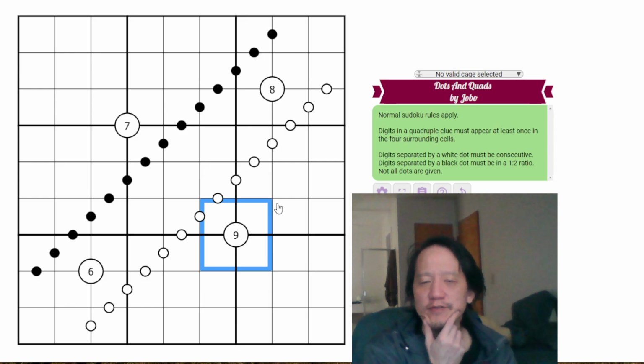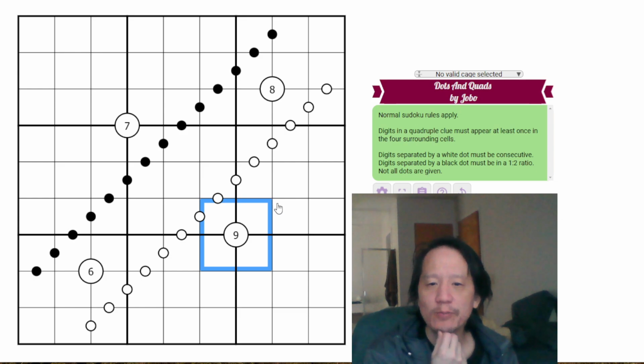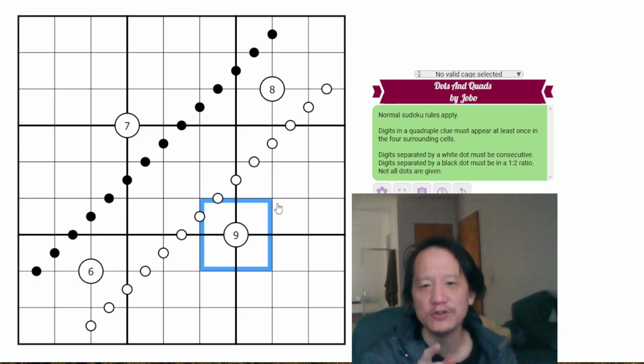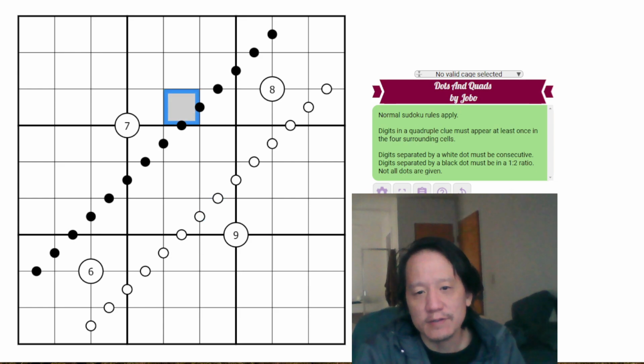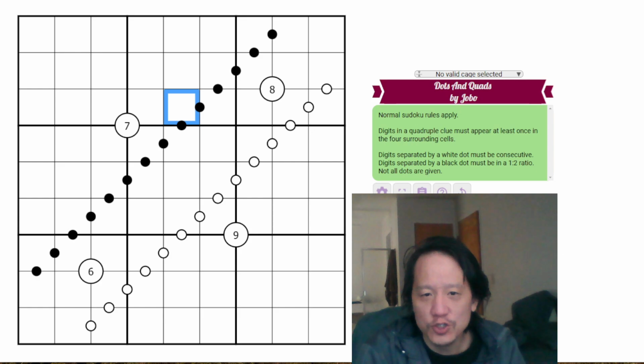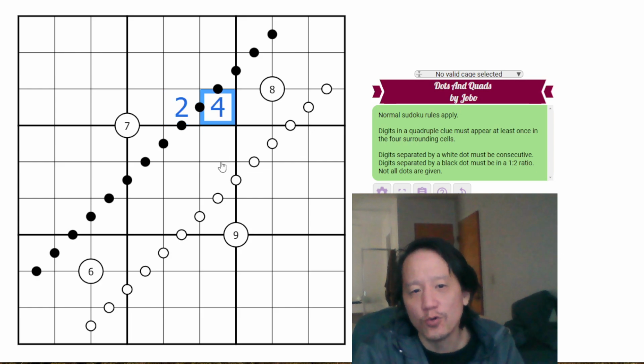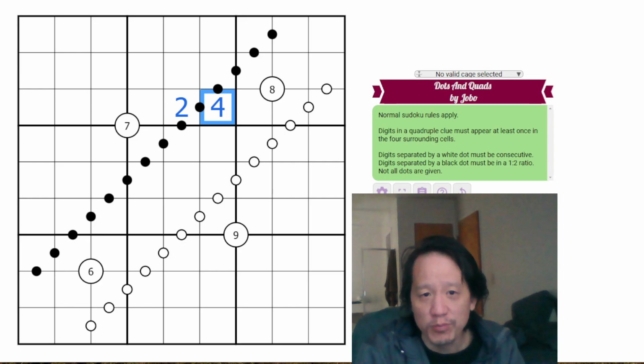If you've seen some of my latest videos, I prefer the wording where cells separated by a white dot must contain digits that are consecutive. That clears up the need for the constraint that not all dots are given. For example, if this were a 2, this would have to be a 1 or 4 to maintain a 1 to 2 ratio for black dots.